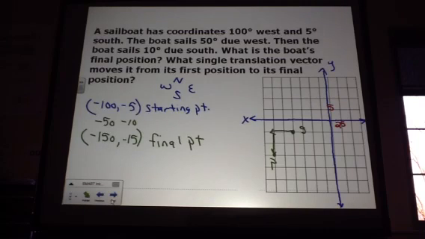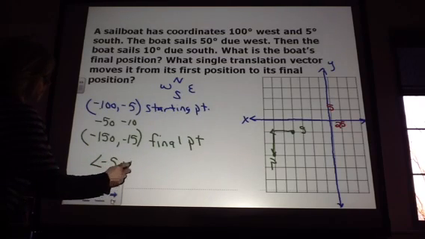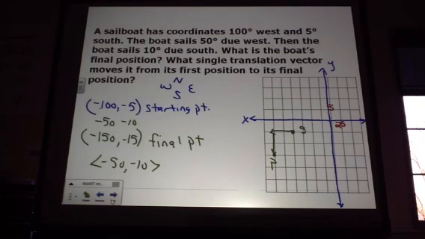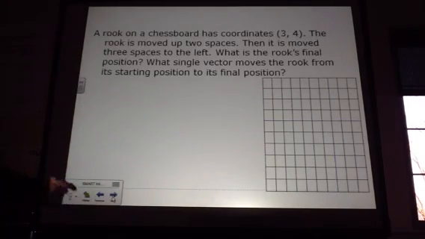And we want to know what the vector would be to get me here. So I go from here to here. So that vector would be negative 50, negative 10. Okay? All right, let's see if you can do one of these on your own.